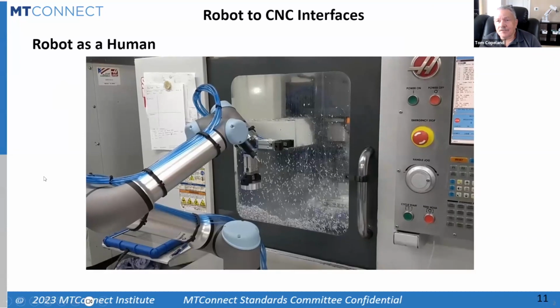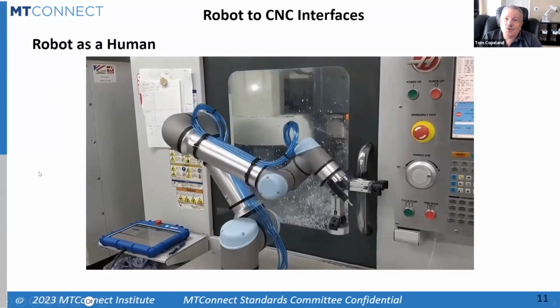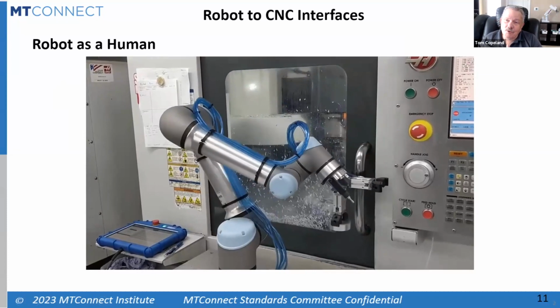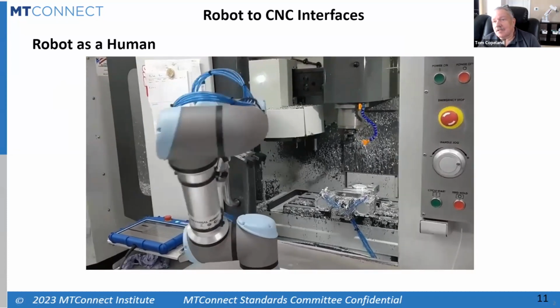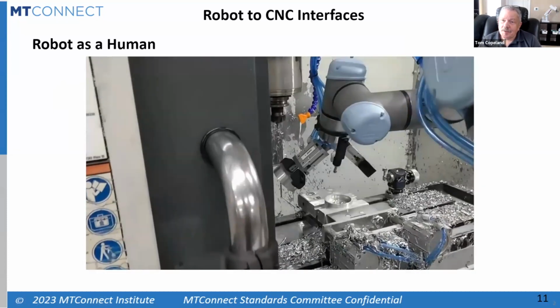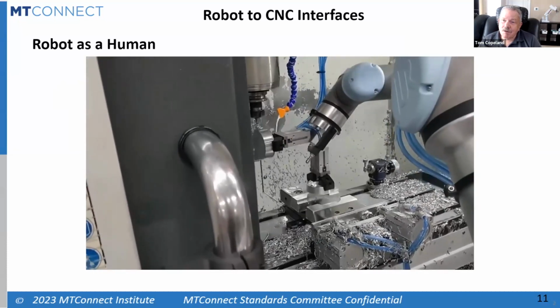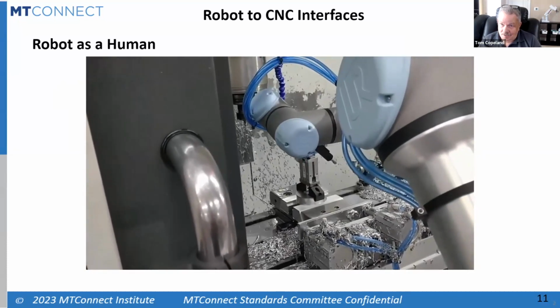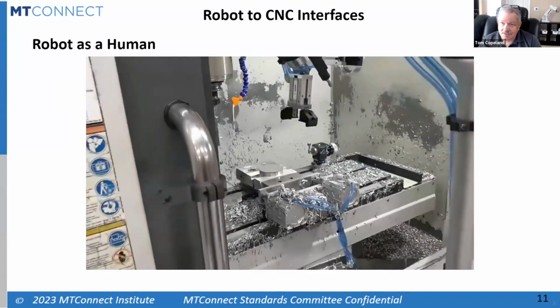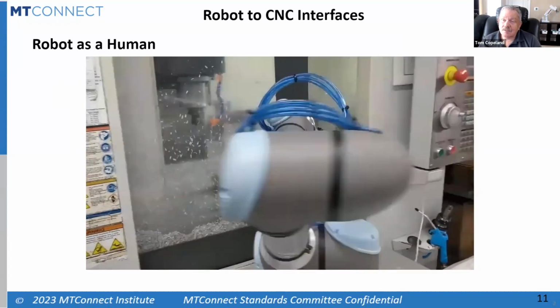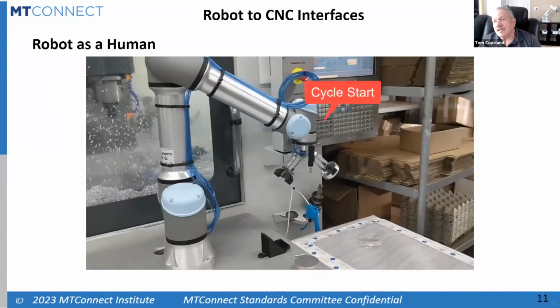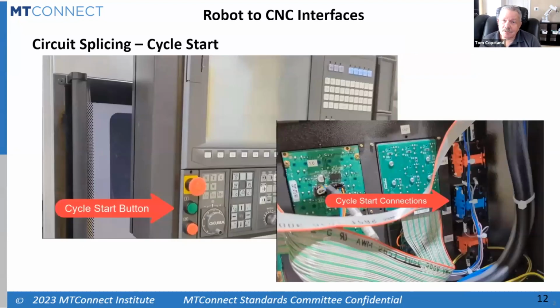For the interfaces, I coined the first one robot as a human, where you use the robot to open the door, remove the completed part, replace it with the raw stock, and press the cycle start button. So that's robot as a human.